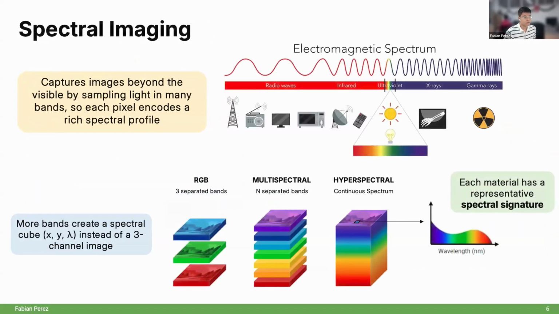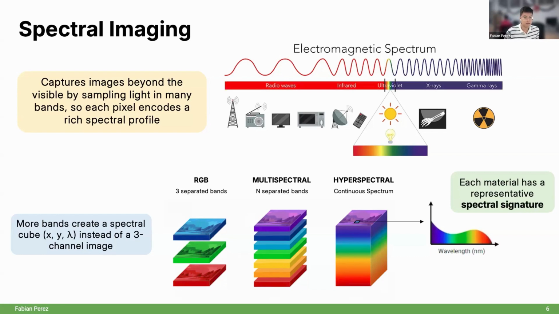So here's where spectral imaging becomes very important, because spectral imaging samples many wavelengths from the electromagnetic spectrum, forming a cube of data, where each pixel has a spectral signature, and that's far more discriminative than RGB.